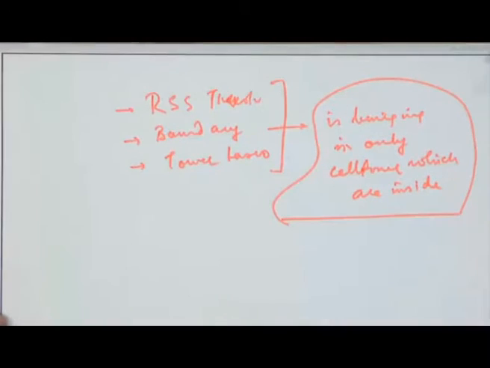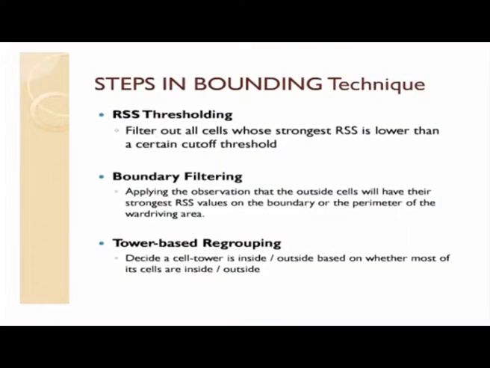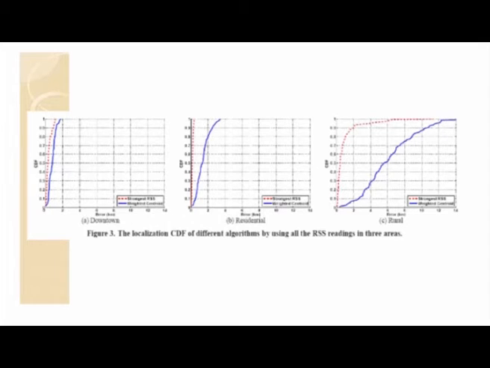So now we deal with cell towers which are actually inside. Upon this, if we do weighted and strongest RSS, the x-axis is the error in kilometers and the y-axis shows the CDF.